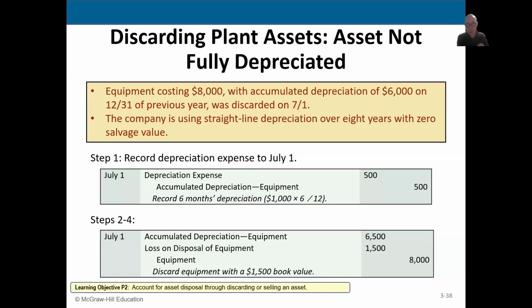We debit accumulated depreciation equipment, book value 6,500. Debit loss on the disposal of the equipment 1,500. Credit equipment 8,000. This helps to remove it from your books because it doesn't work anymore. We're throwing it out, or whatever.